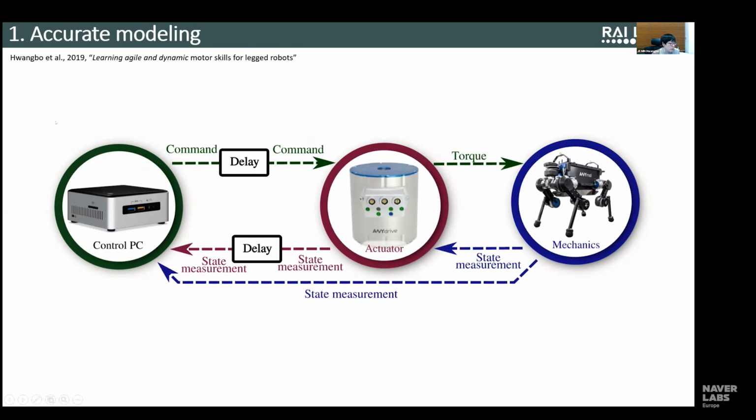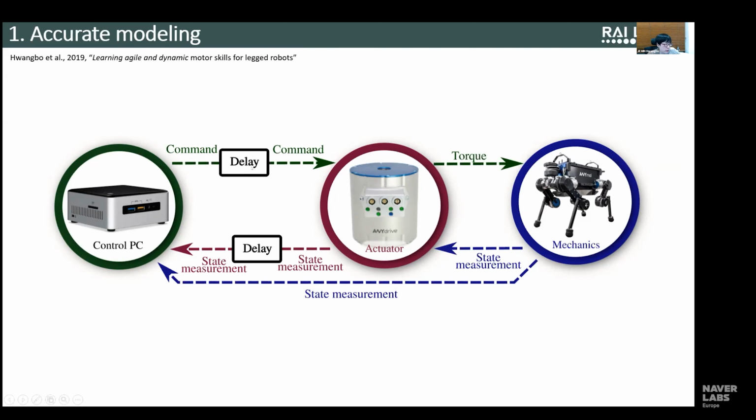Let's look at this system. On the left, we have the control PC inside the robot, where we evaluate the neural network. We have the neural network parameters. Once we get the state, we evaluate the network and we get the actuator command.